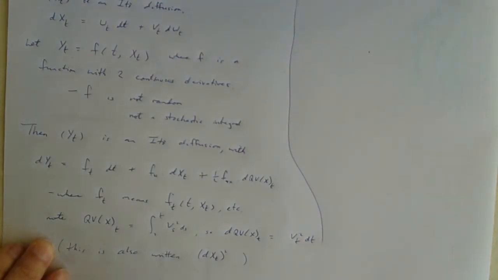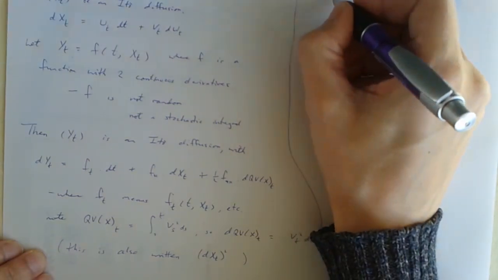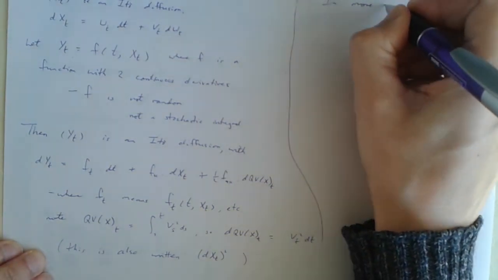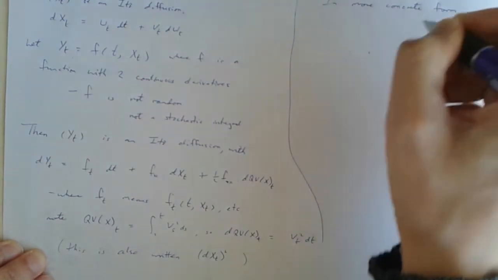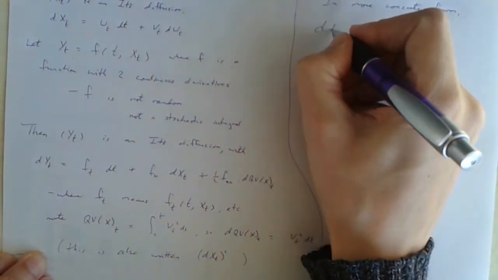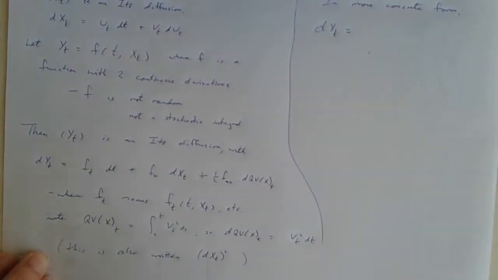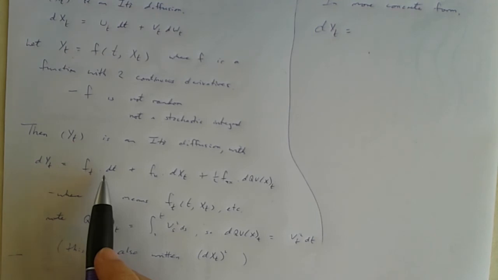Okay, so given that we can actually write this term involving the quadratic variation like so, this dQV_t thing could also be just written as v_t squared dt, if we wanted to write Ito's lemma in a more concrete form. Well, the v_t squared dt, that would mean that you could combine it with this term.